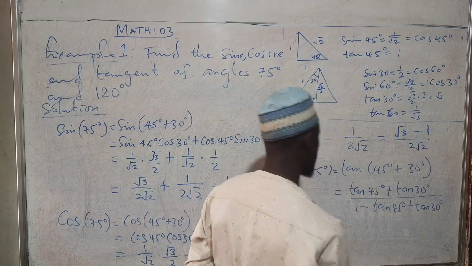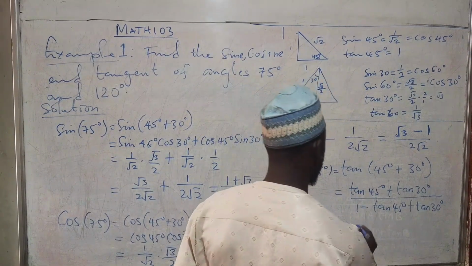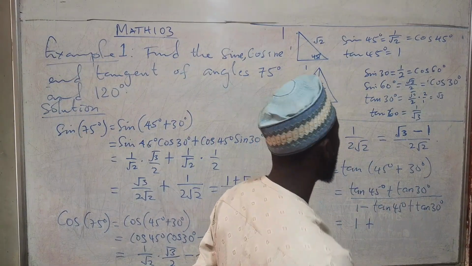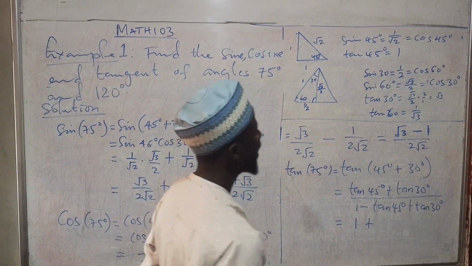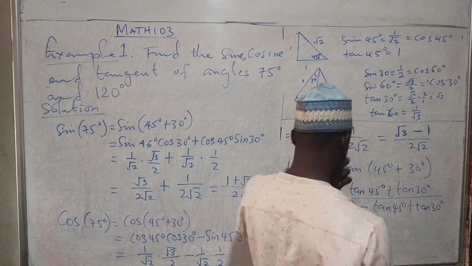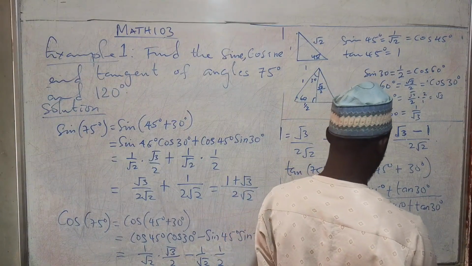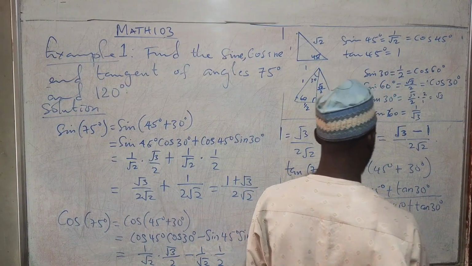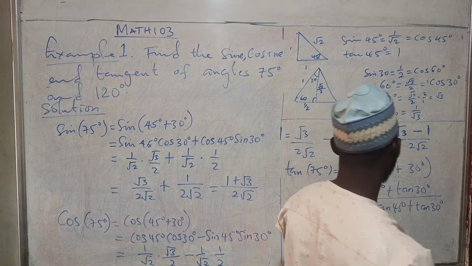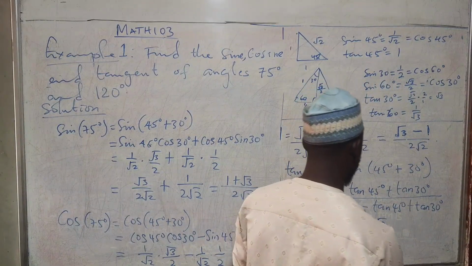So this is equal to, so tan 45 is 1, so I have 1 plus tan 30 degrees. Tan 30 is root 3. So over 1 minus tan 45 is 1 times tan 30 is root 3.